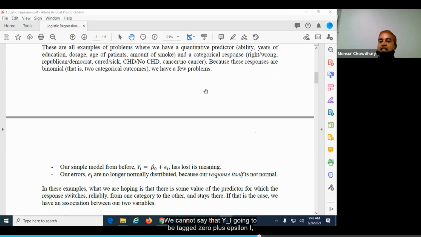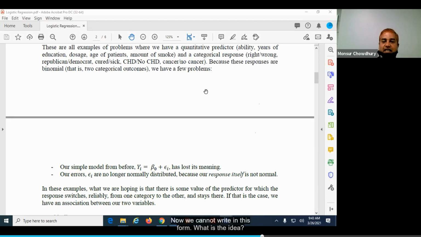We cannot say that yi equals beta 0 plus epsilon i, which is our compact model, and the error terms are not normally distributed because the response itself is not normal. So we cannot use the model form that we are already using in other cases.